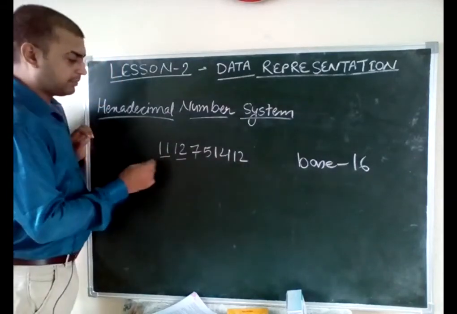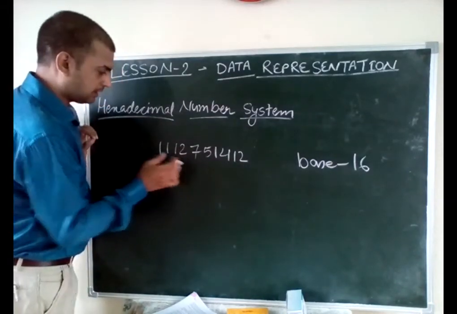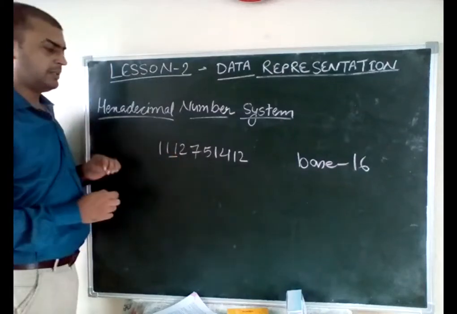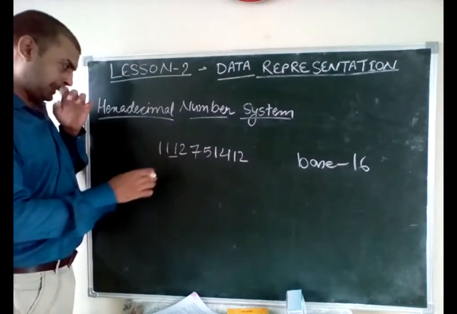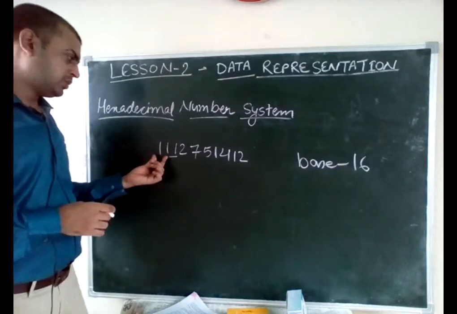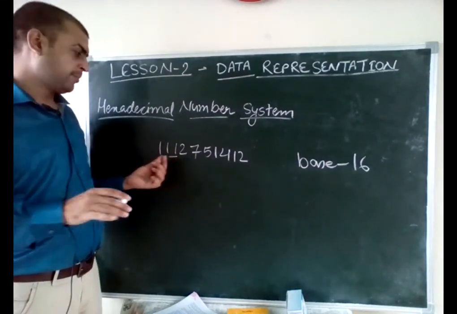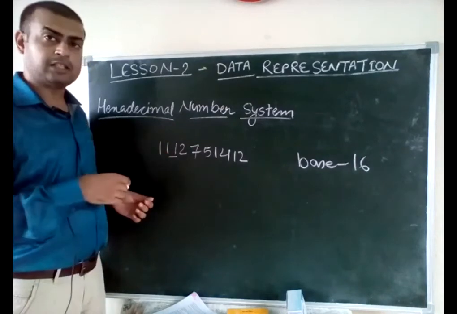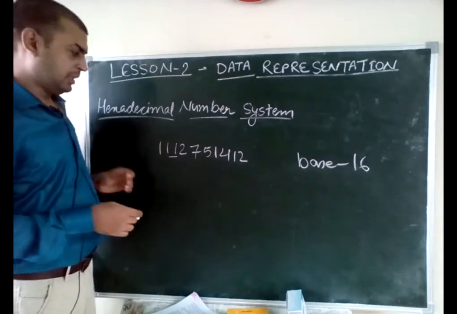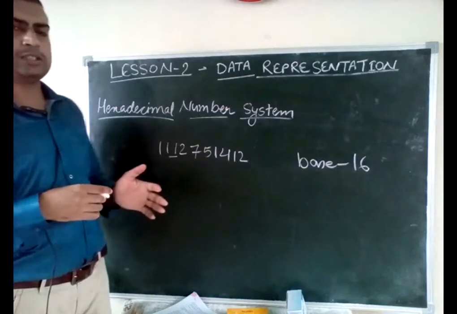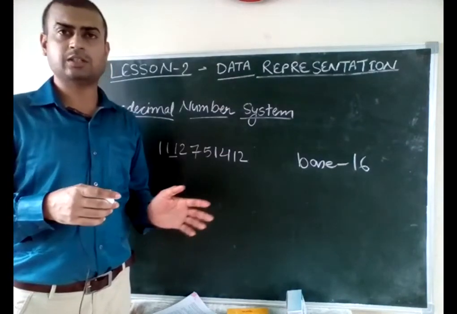Now if I am writing only this, then again this will create confusion. Whether these two are combined is not clear, or whether this middle term is combined is not clear. So there may be several forms to understand these kinds of numbers.